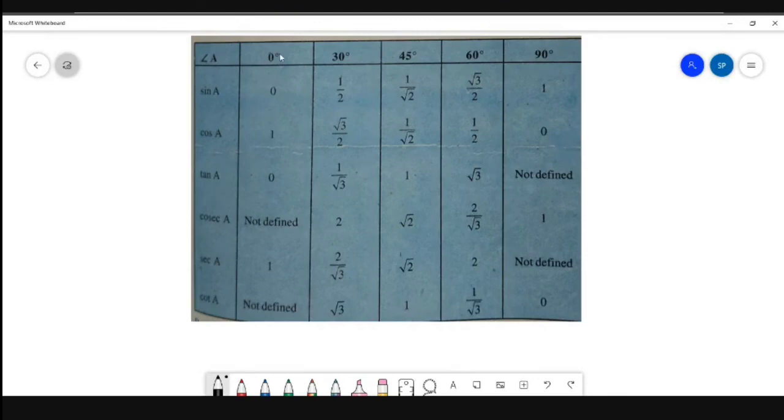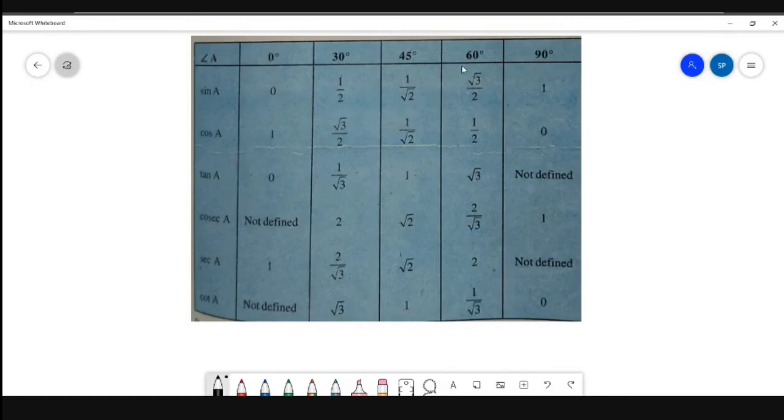Then tan 0 is sin 0 by cos 0, that is 0 by 1, 0. Then tan 30 is sin 30 by cos 30, that is 1 by 2 divided by root 3 by 2, we get 1 by root 3. Then same way, tan 45 is sin 45 by cos 45, 1.